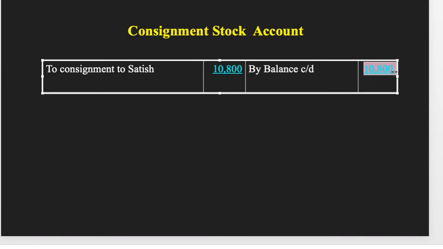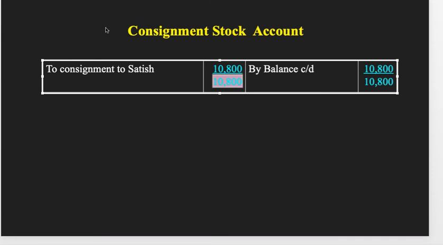So we are going to close it. We write 10,800 on both the sides. So this is our consignment stock account.